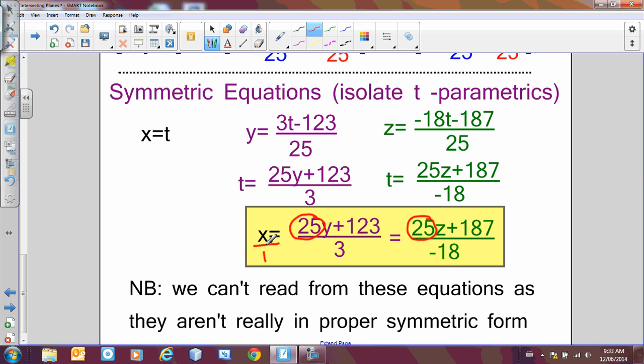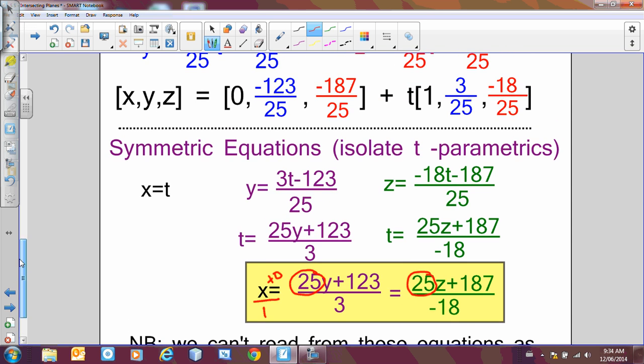Obviously, in this case, divided by 1. I could say that it's x plus 0 or x minus 0. So this one is actually in the proper form. But having the 25 here means it isn't really the symmetric equation that I want it to be. I would like to see y plus or minus some number divided by some value, knowing that the number on top is the y value of my point, or at least allows me to establish it, and the denominator will be the y value of the direction vector.